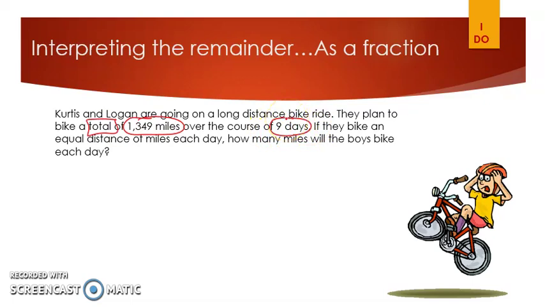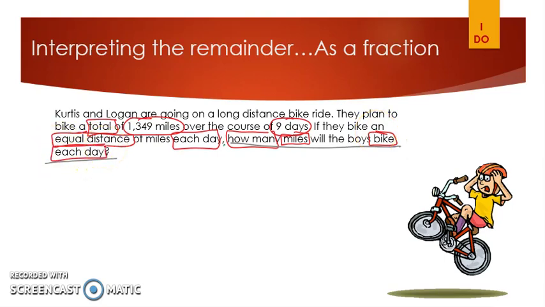If they bike an equal distance of miles each day, our question is asking us how many miles will the boys bike each day? So we want to know how many miles they bike each day.